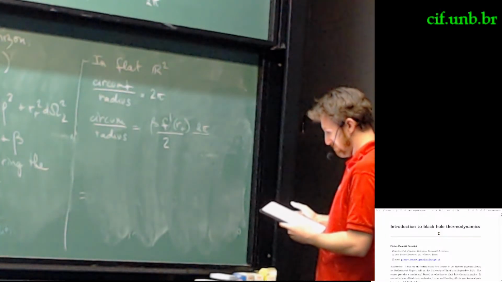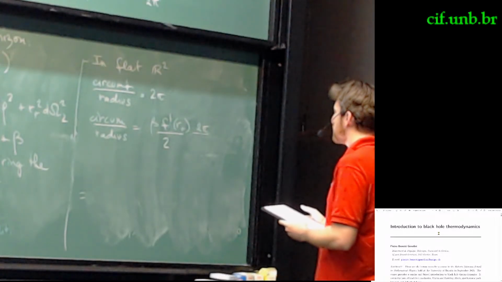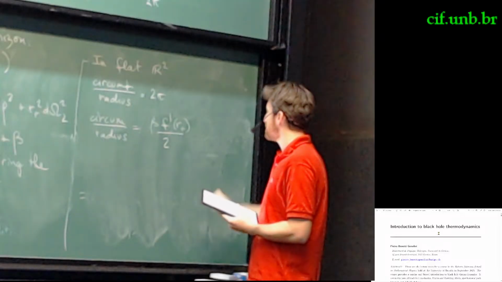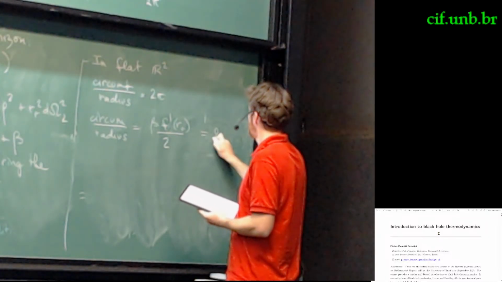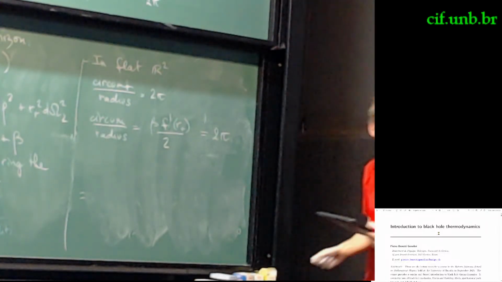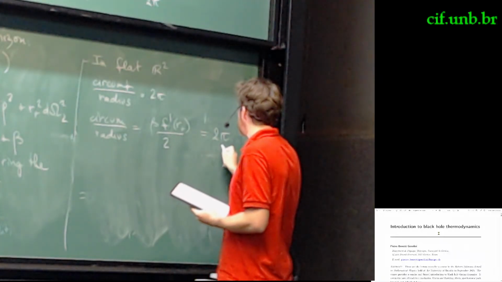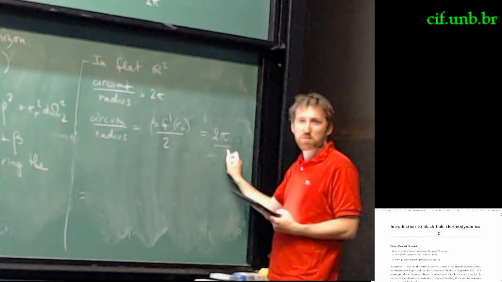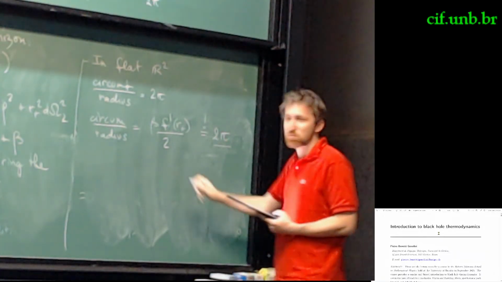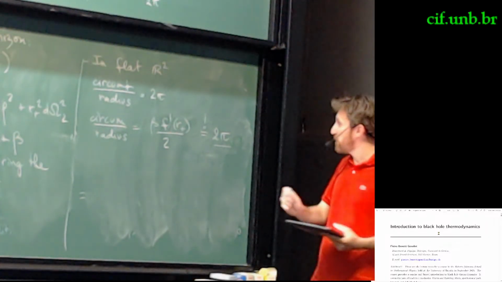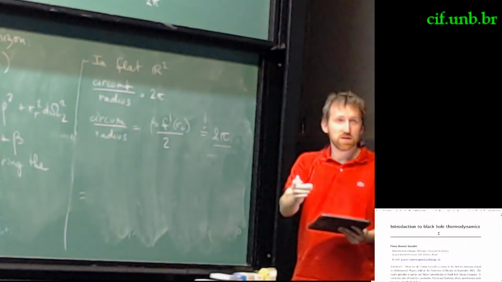Beta alpha. That's correct. And in order for the space to behave precisely like R2, I need this to be equal to 2 pi. Otherwise, the space doesn't close smoothly. And in fact, you have something like a cone.